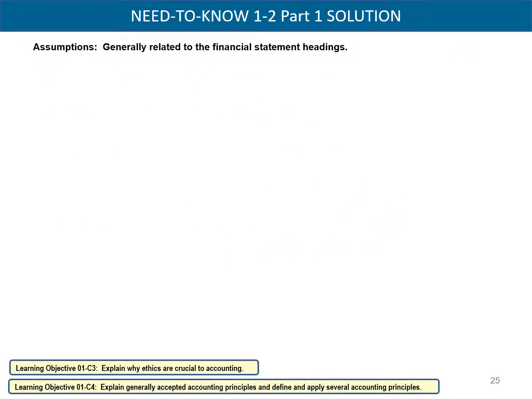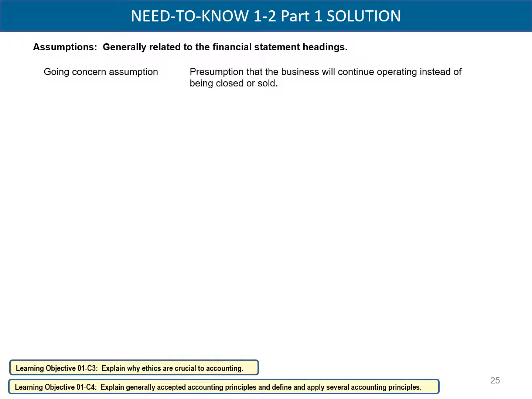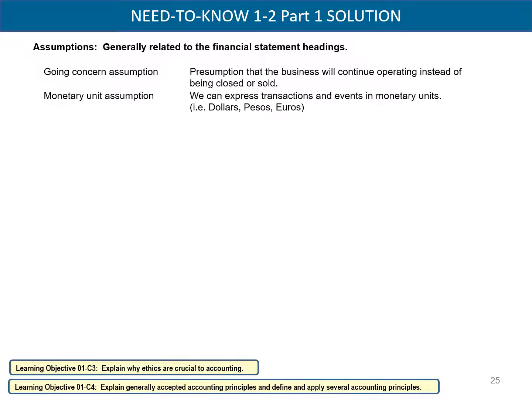Okay, so the assumptions, they're generally related to financial statement headings. So you've got the going concern assumption, which is a presumption that the business will continue to operate into the future instead of being closed or sold. Then you have the monetary unit assumption that says that we can express transactions and events in monetary units, so i.e. the dollar.